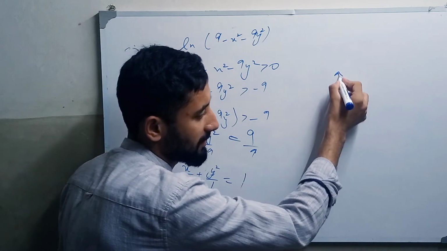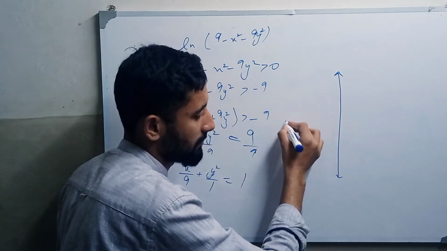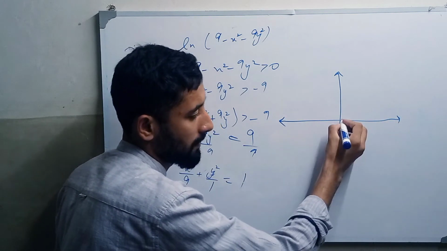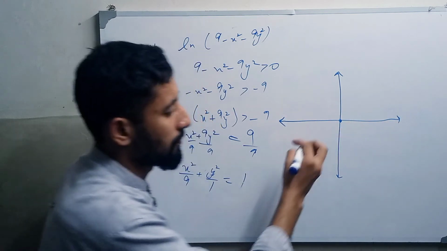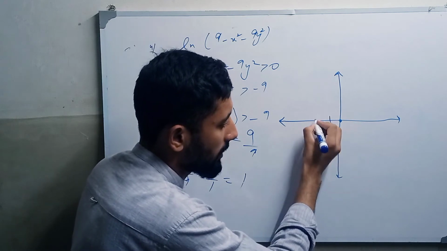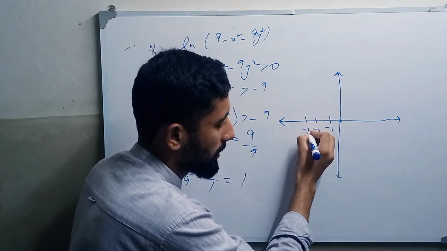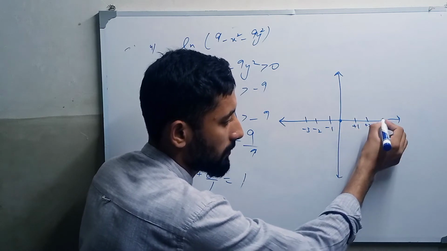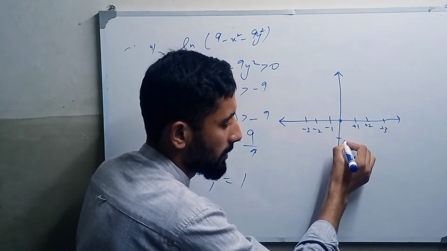Sorry for the bad drawing. Origin, -1, -2, -3, +1, +2, and +3.